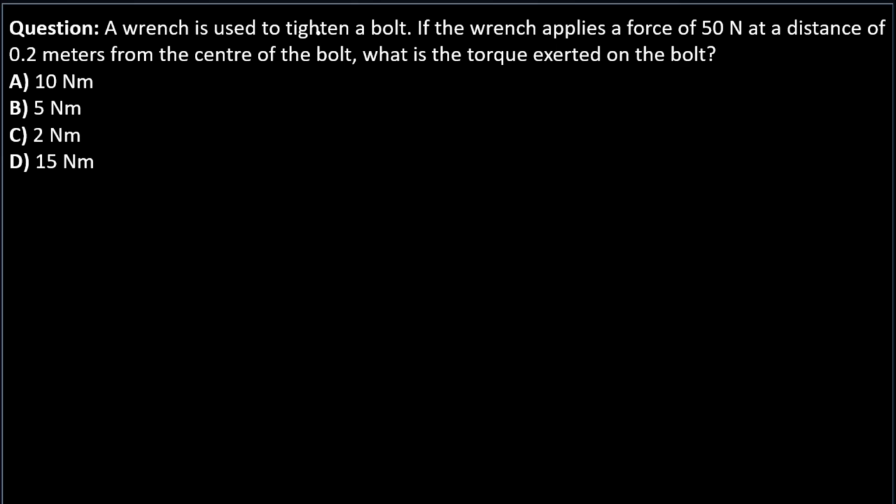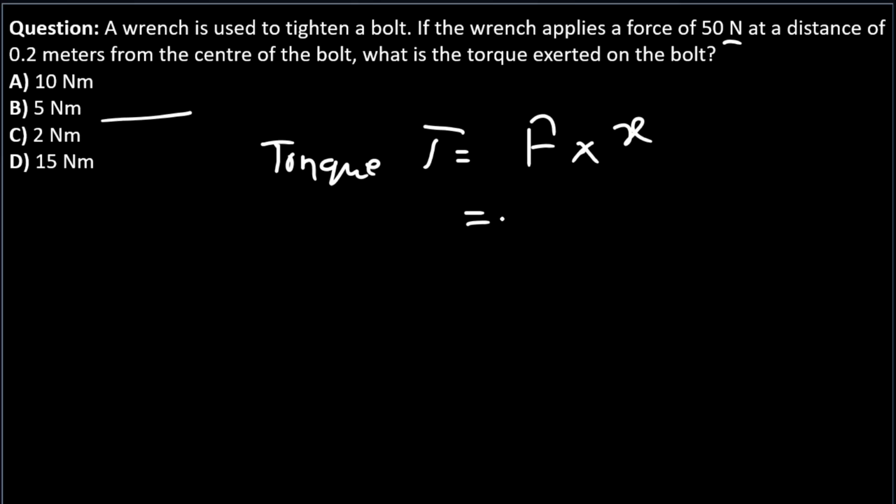Here a wrench is used to tighten a bolt. The wrench applies a force of 50 Newton at a distance of 2 meters from the center of the bolt. What is the torque exerted on the bolt? So here torque T equals F times the distance X. So 50 Newton times 0.2 meter.